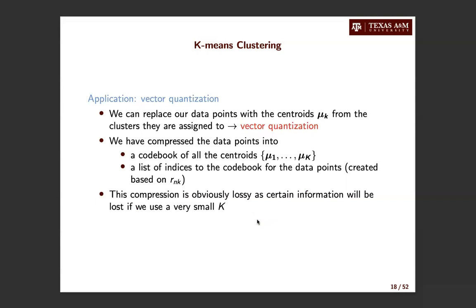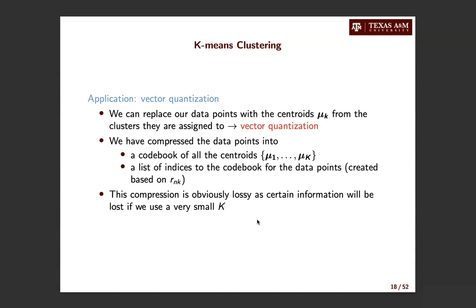Another application which is important for K-means and for other clustering approaches is what we call vector quantization. So if we would like to compress our data set, instead of keeping all the original values for our data, we can perform K-means clustering. And then after having a set of known centroids, we can replace our data points with the corresponding centroid.